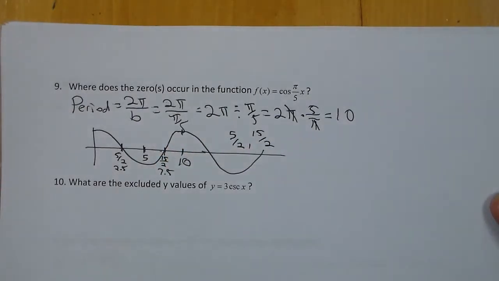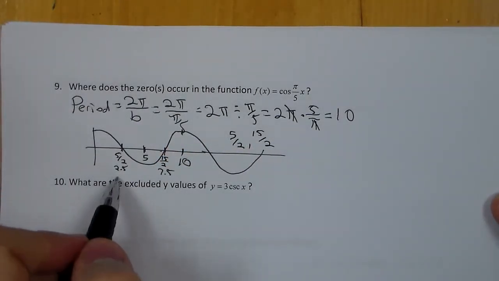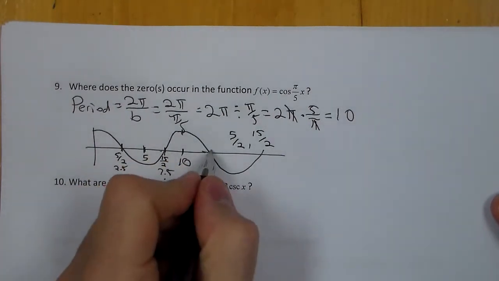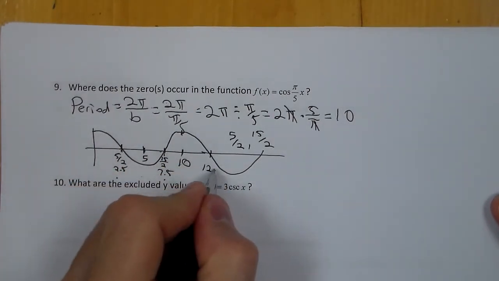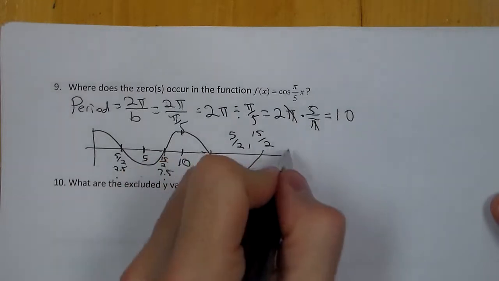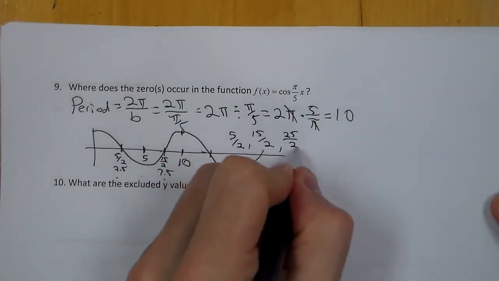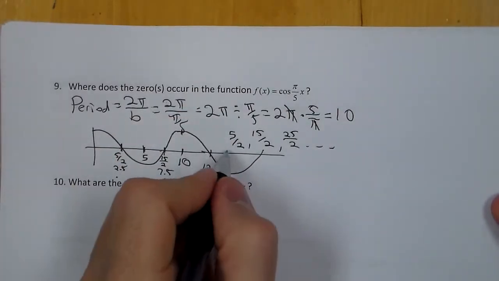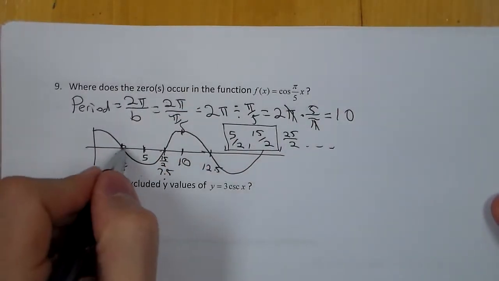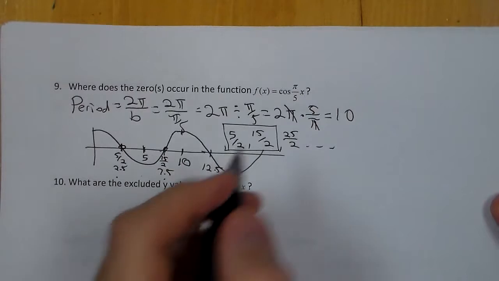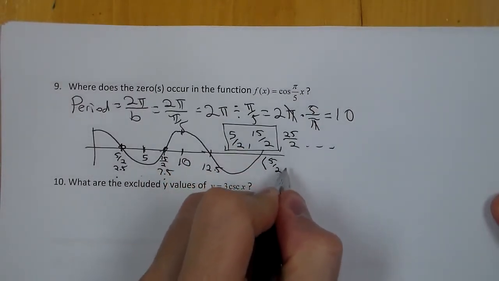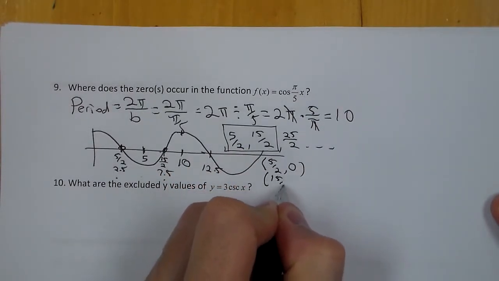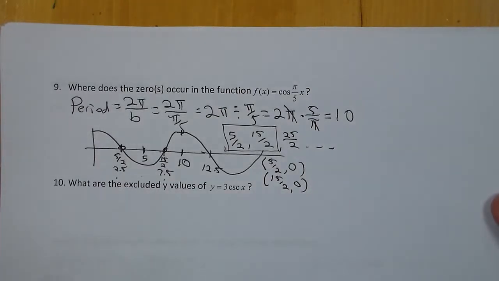Now if we went through and predicted where the next one was, if this was 2.5, 7.5, I see I added 5, 12.5 is actually our next one, which would be 25 over 2 as well, and we could keep listing them on. It likely just wants one period, so we would indicate those 2 points. Now if it wants it as a coordinate, we'd say 5 over 2, 0, 15 over 2, 0.